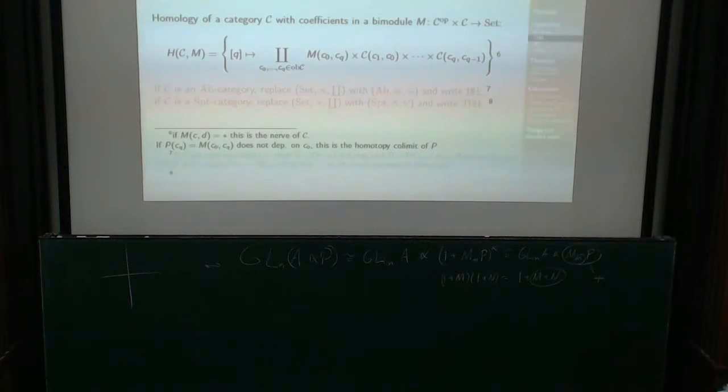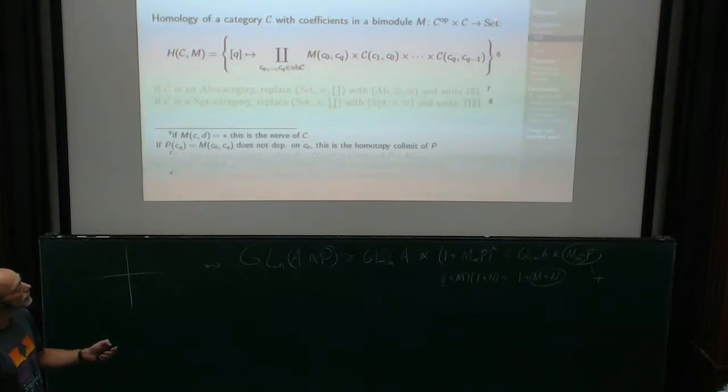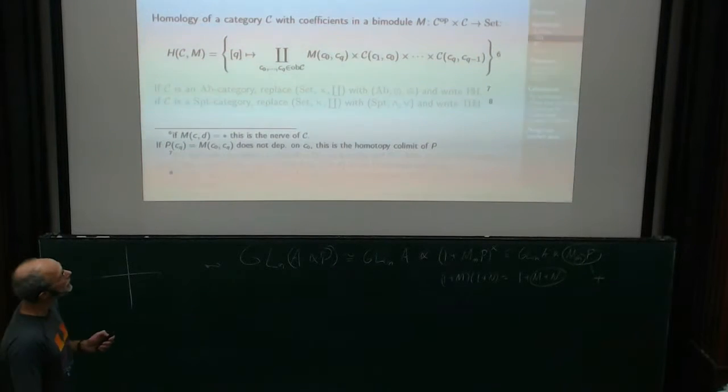Okay, because I want to talk about the homology of categories. If I have a category C, a bimodule is just a functor in two variables, one contravariant and one covariant. This is a category, so it has to land in sets. I still call it a bimodule. Then the homology is a simplicial object, and it is the following.